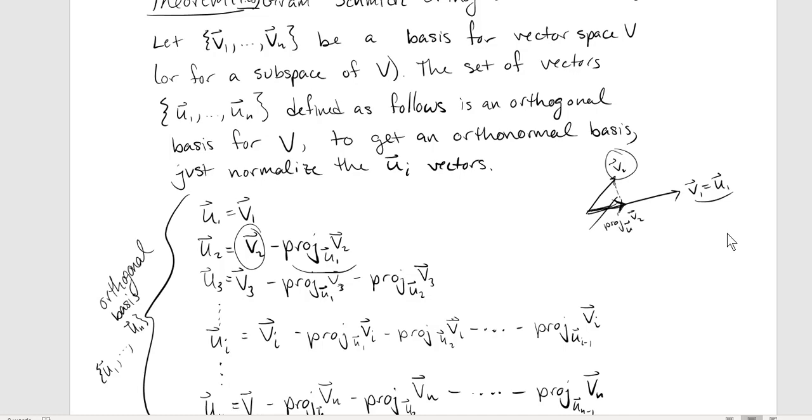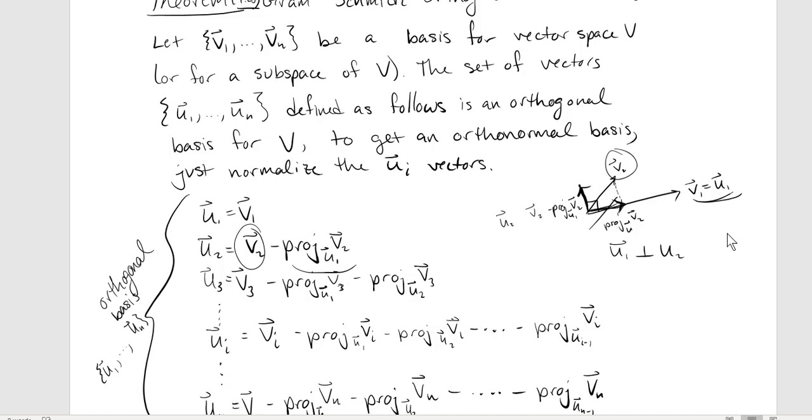And we remember, if we subtract the projection of V2 onto something away from V2, we get a perpendicular vector here. So we know this U2 is now perpendicular to V1, which is U1, right?